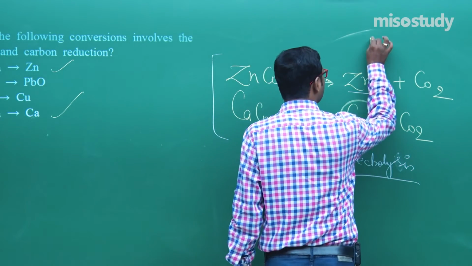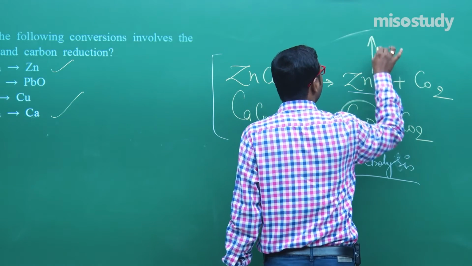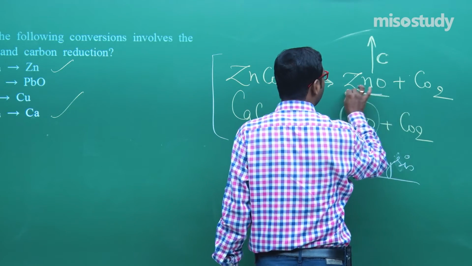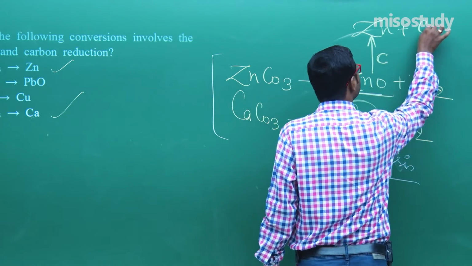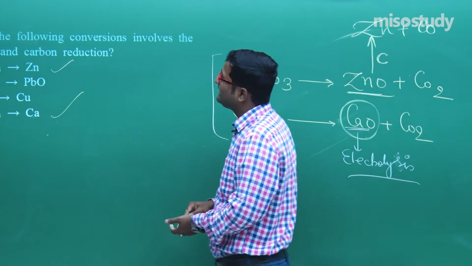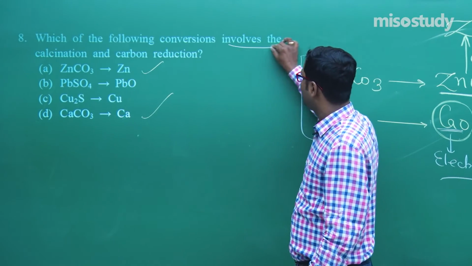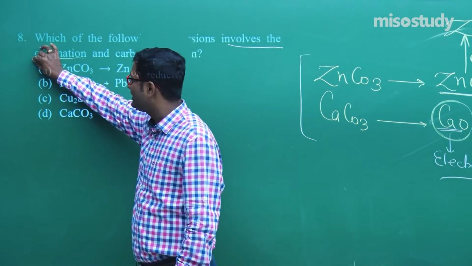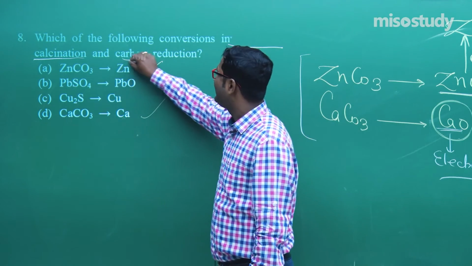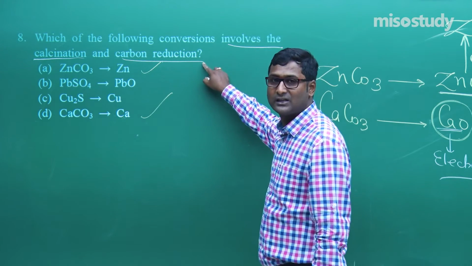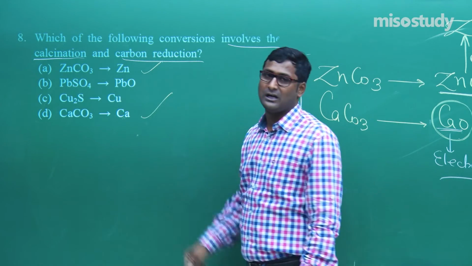So in this process, carbon can be used to release oxygen from ZnO, and it forms Zn plus CO. So read the question again: which of the following conversions involves calcination? Both can form calcination, but then there comes carbon reduction. So this option completely matches the question.